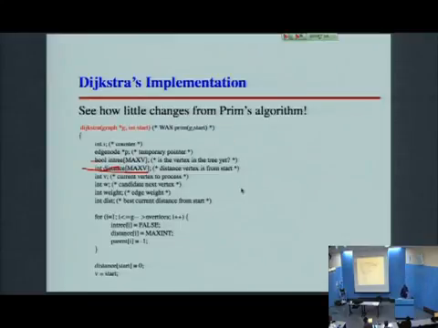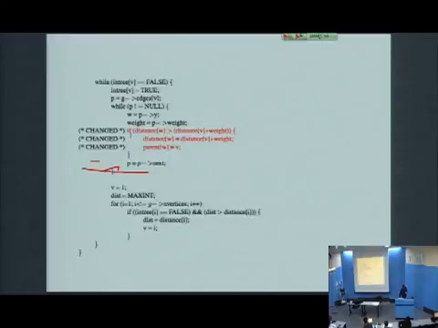Okay? So again, the critical thing here is, what's this basically going to be doing? We have a vertex V that we just added to the tree. We're going to go through all outgoing edges of V, okay?